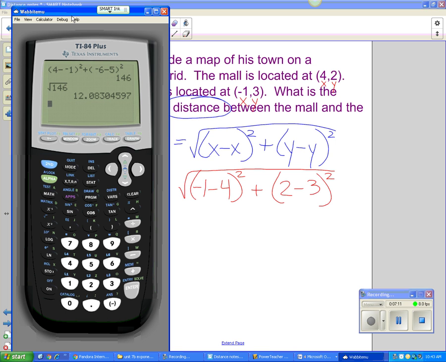So don't put in that square root yet. Start with the parentheses, -1 minus 4, parentheses, and then you're going to use over here to put your square in, plus parentheses 2 minus 3, parentheses, squared.